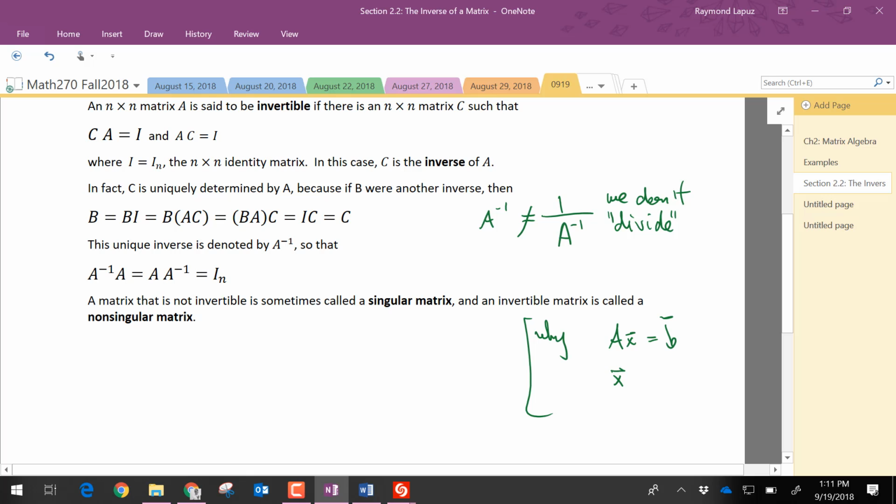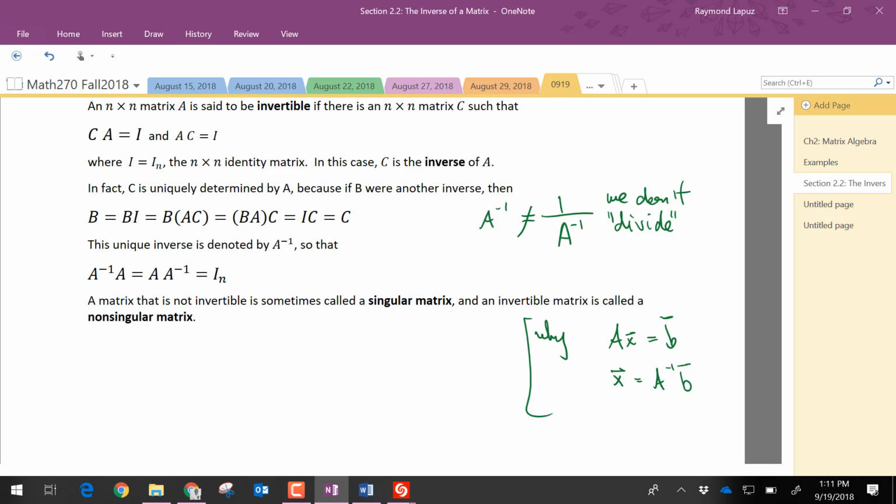So if we have the inverse, then we could just multiply the inverse times the b vector, and that's going to give us our solution.